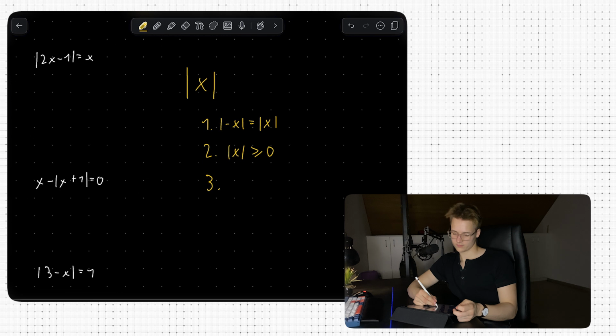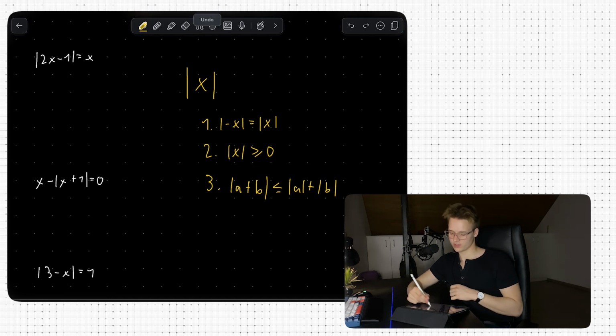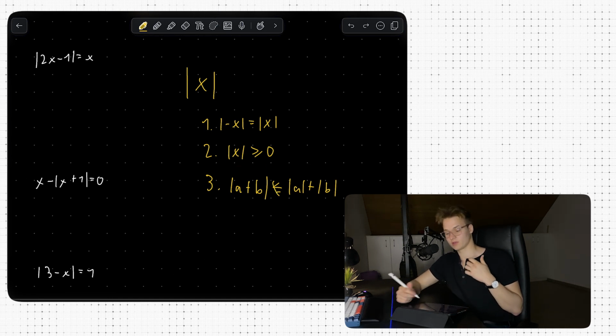And then we have the so-called triangle inequality, which means that if we have a plus b in the absolute, that's less than or equal to absolute A plus absolute B. This is a very important thing and it's quite easy to prove. If A and B are both positive, then they're equal. Or if they're both negative, then it's also equal.